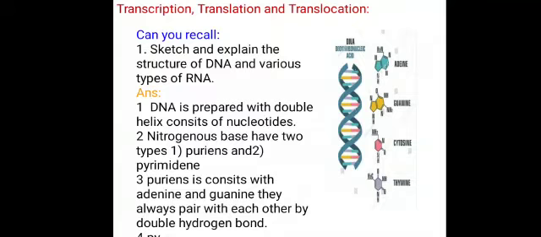So we just recall the things related to the structure of DNA and RNA which is needed for the transcription, translation and translocation processes.